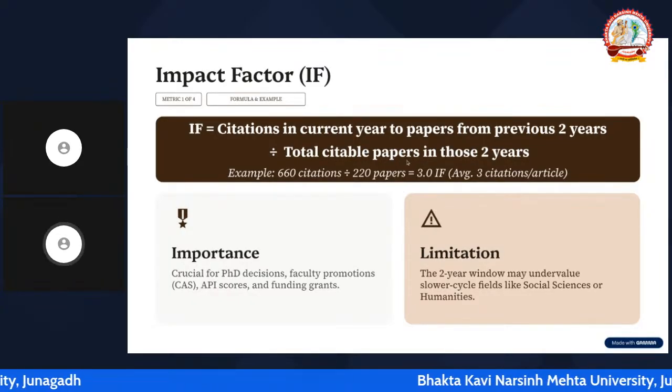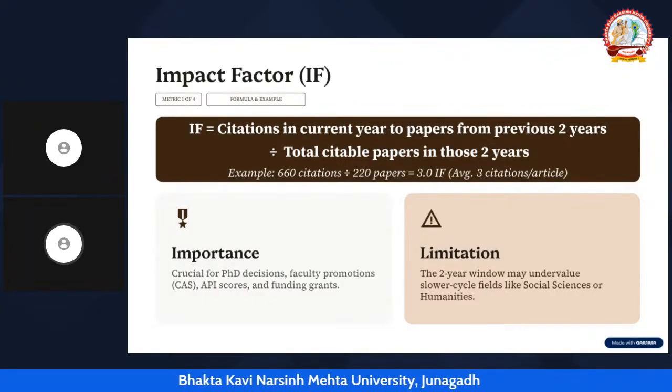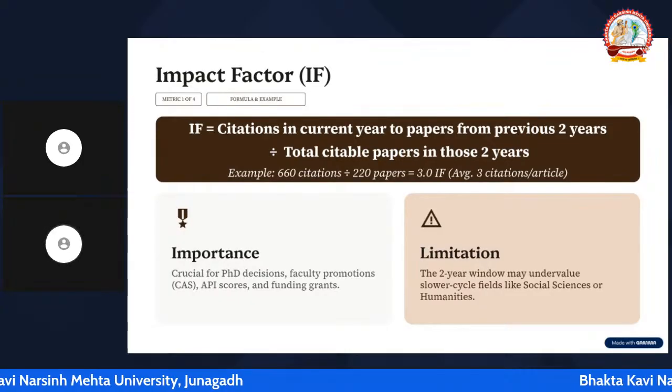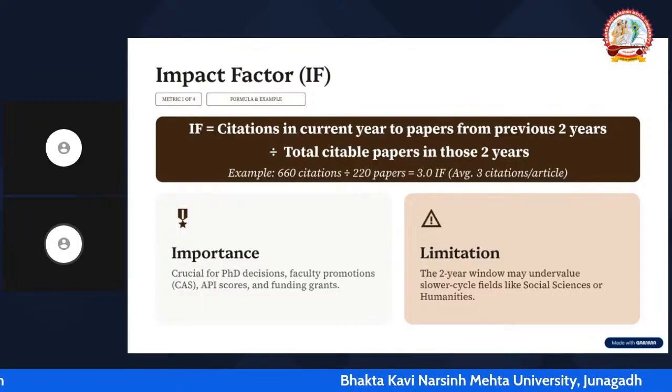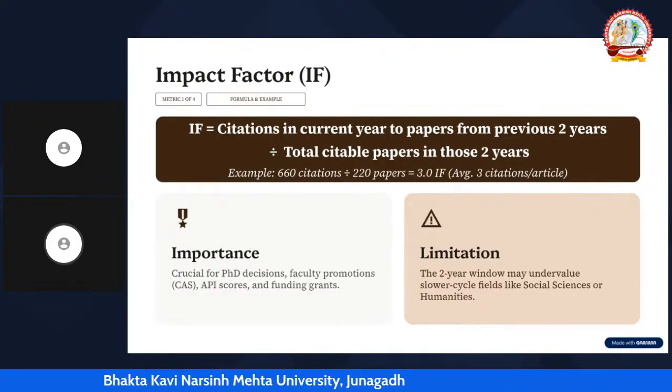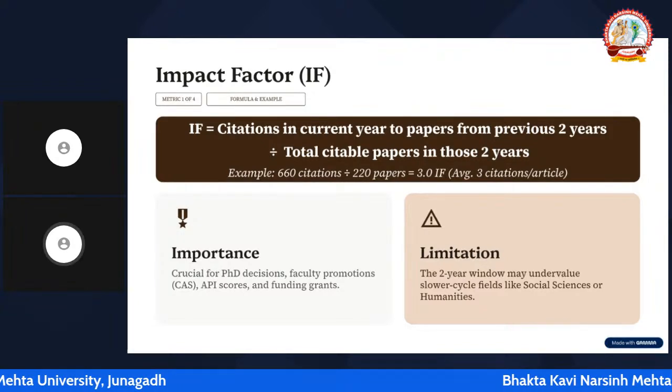The impact factor for that journal is 3. That is the easiest way to identify the impact factor. Recently, we are using impact factor to select the journal in which we can publish our data. I suggest the impact factor should be greater than 2. That is very beneficial for publishing our data.